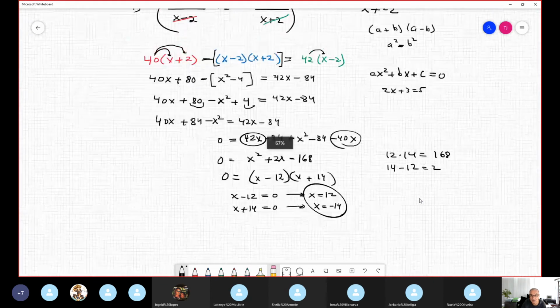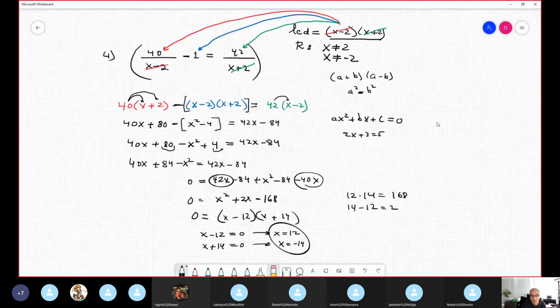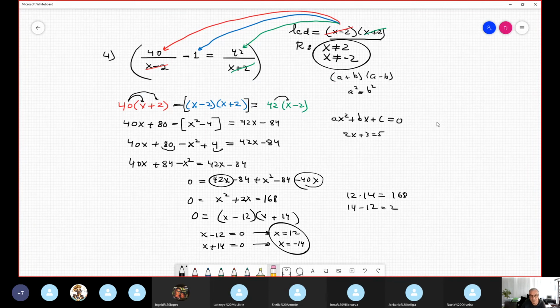Coincident with the restriction that we found before. Remember the restriction is 2 and negative 2. Nice. The solution set is both 12 and negative 14. You write it like that: solution set, open the curly bracket, 12 comma negative 14, or negative 14 comma 12. The order is not important.